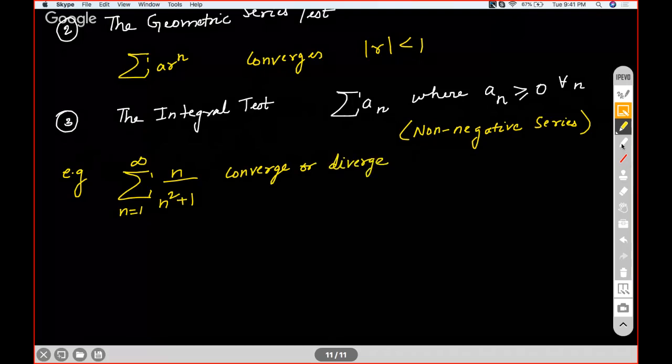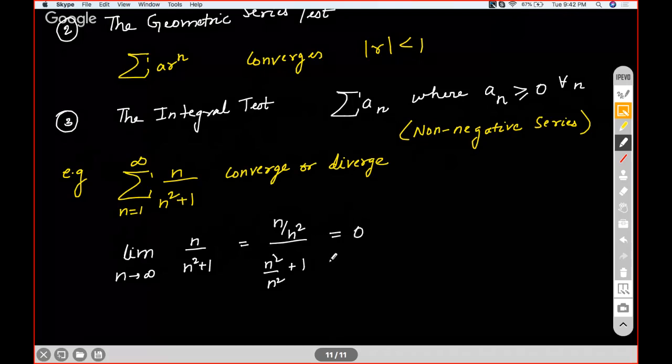First of all, I would start with the nth term test. I try to find the limit of the nth term as n tends to infinity. It is an infinity by infinity form, so the approach is to divide by the highest power of n occurring in the entire expression, here n square.